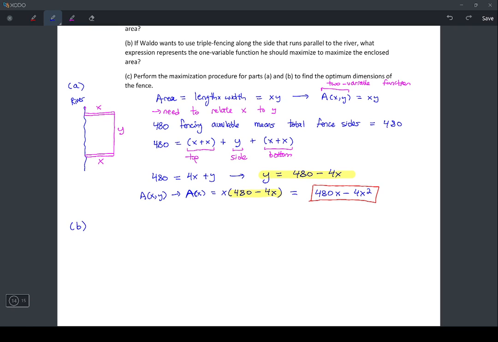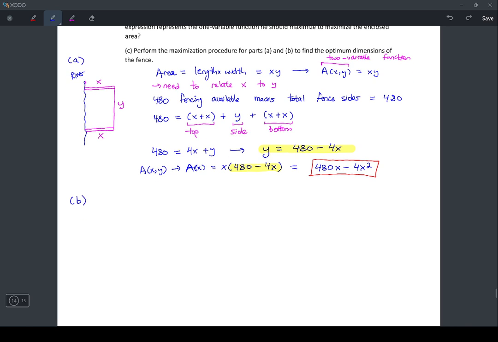Okay, part B. Waldo wants to use triple fencing along the side that runs parallel to the river. Okay, so this needs a new picture. There's the river. I'm going to draw my rectangular fence. x, x. Now we need triple fencing along this side. So 1, 2, 3.